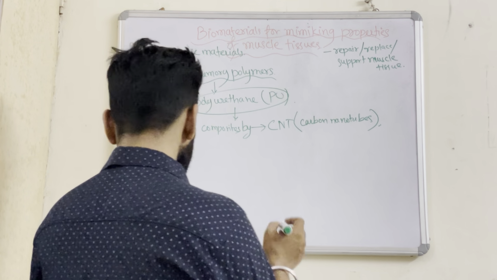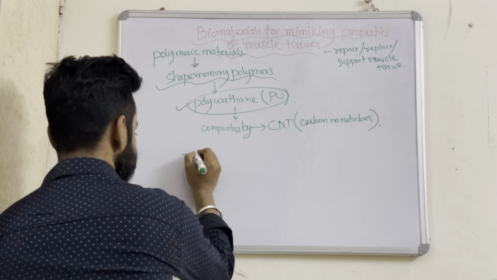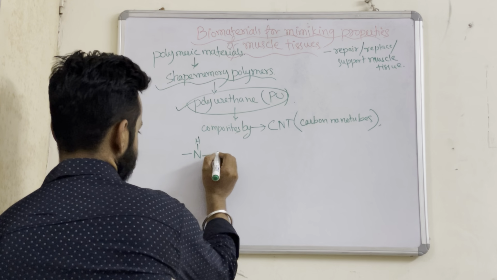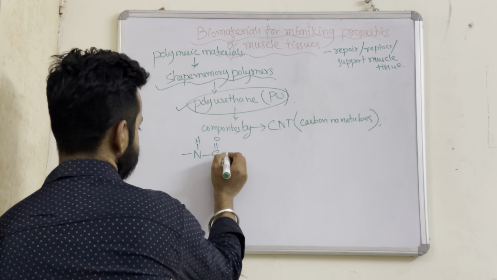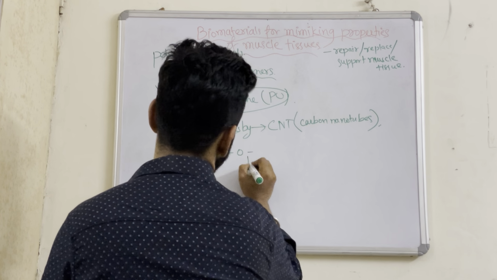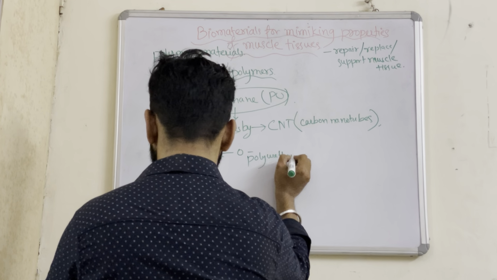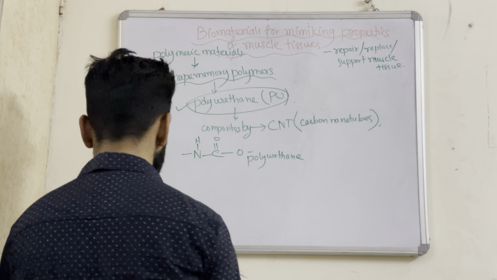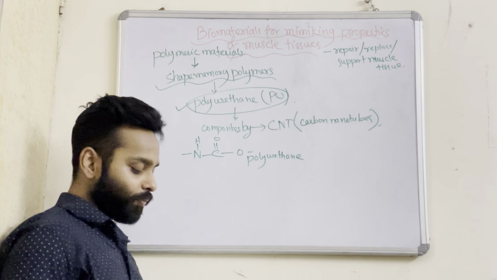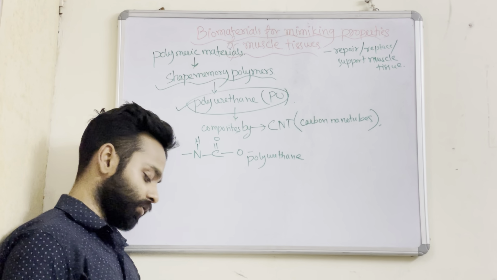Polyurethane mainly contains the urethane linkage, or the urethane functional group. So this is polyurethane. This specific functionality is responsible for a wide range of bulk properties specific for our approach.